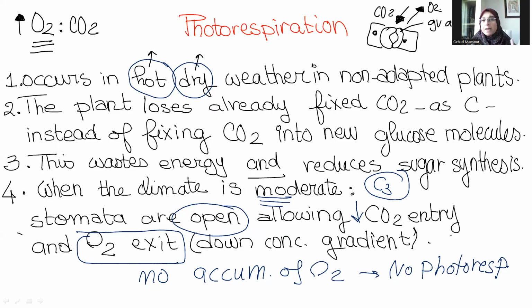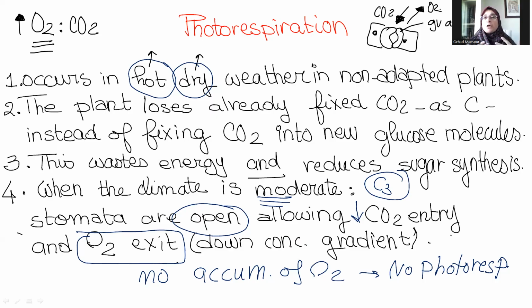Usually, most plants open their stomata during daytime and close their stomata at night. Of course, it's not complete closure of the stomata, but partial closure at night. But in case of photorespiration, why does it occur?